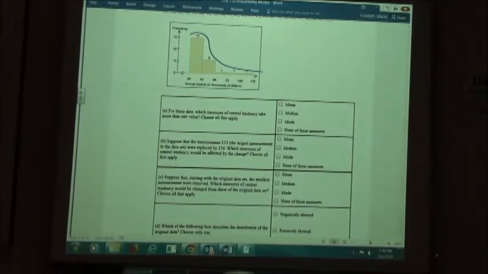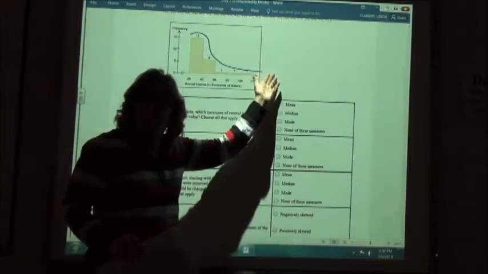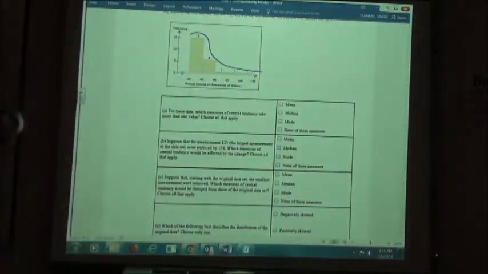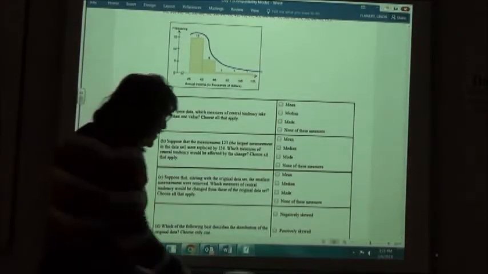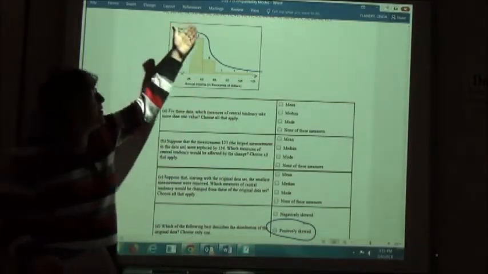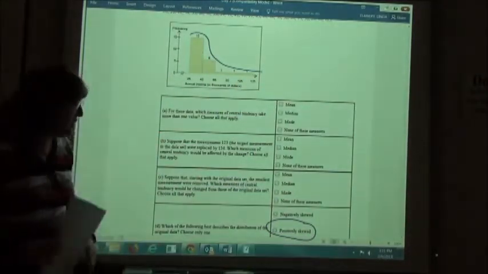Whichever way the tail goes off, that's either your positive or negative. This is going to be positively skewed because my tail goes off in the positive direction. If it would go off the other way, then it's going to be negatively skewed because it'd go in the negative direction. So this one is positively skewed because it falls off towards the positive direction.